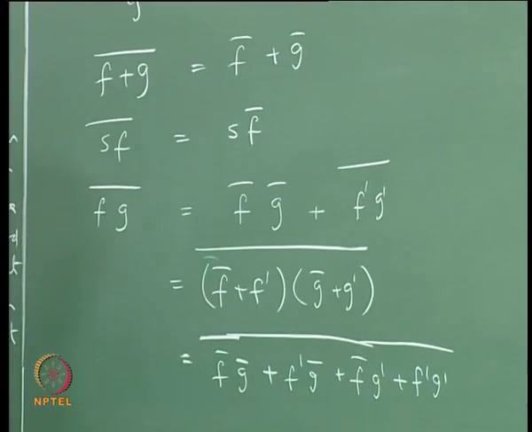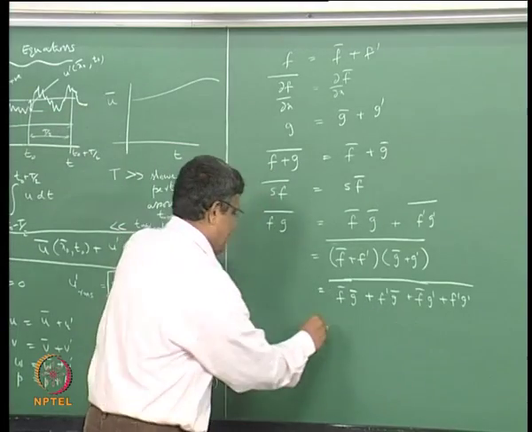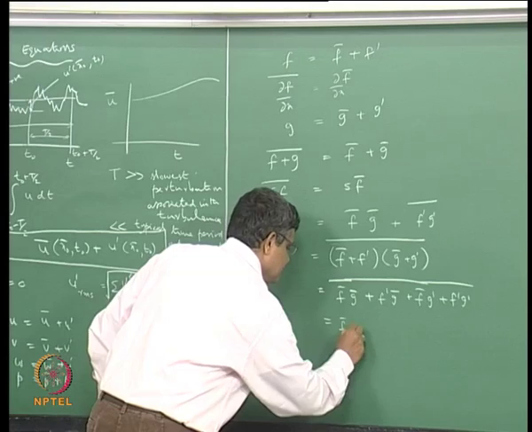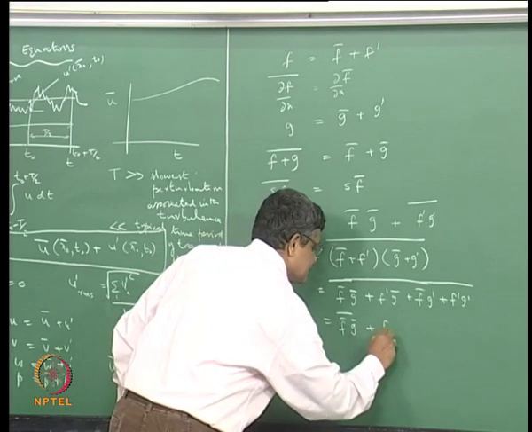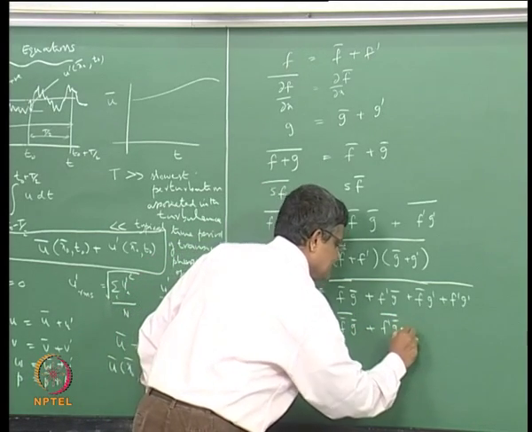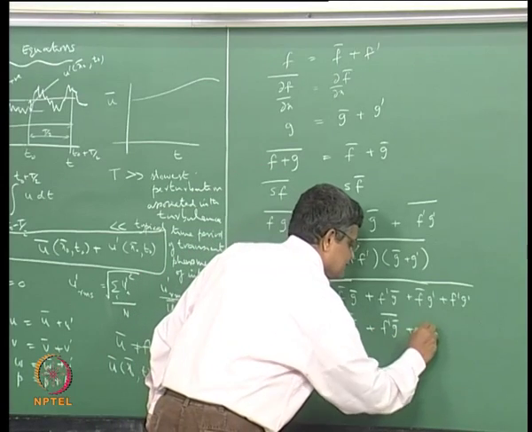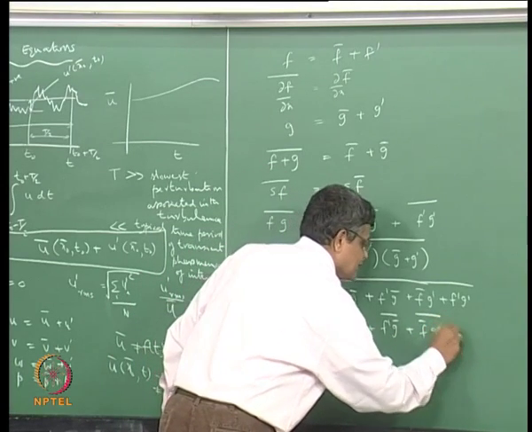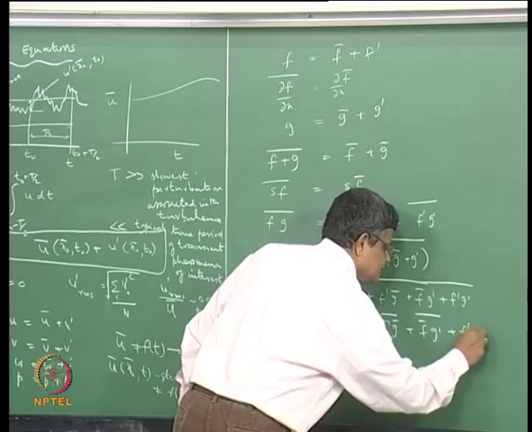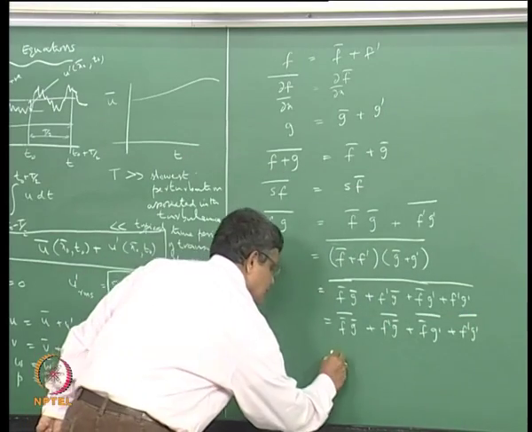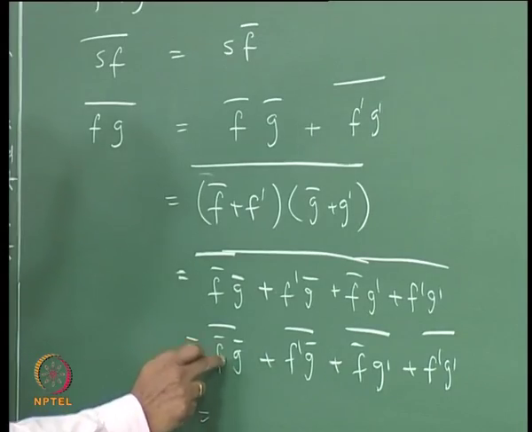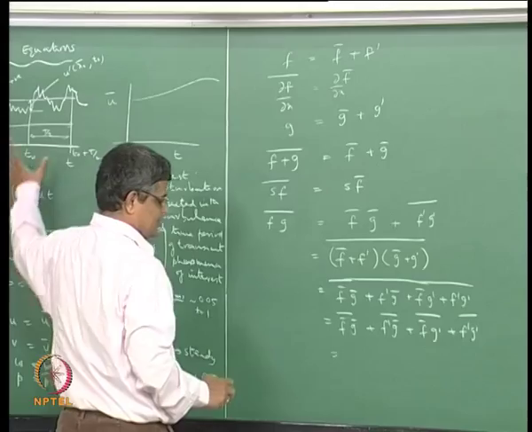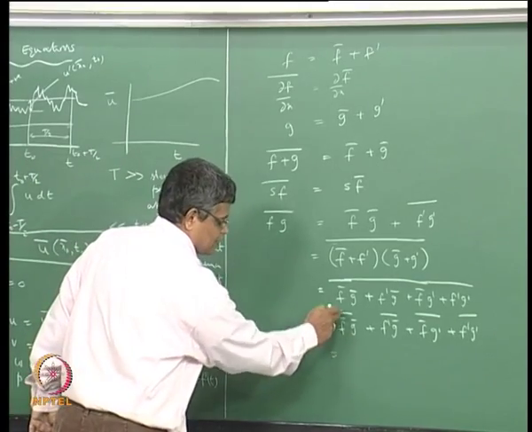We can apply this rule and write this as the average of f bar g bar plus the average of f prime g bar plus the average of f bar g prime plus the average of f prime g prime.